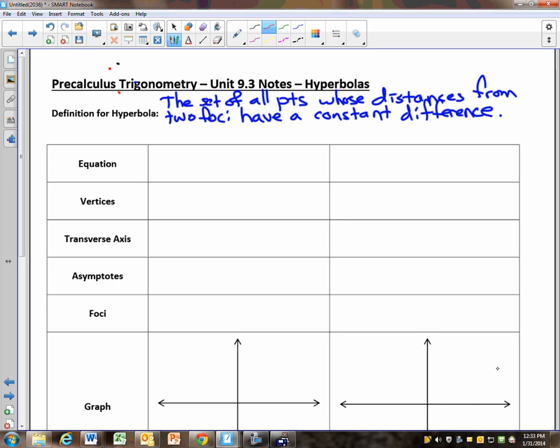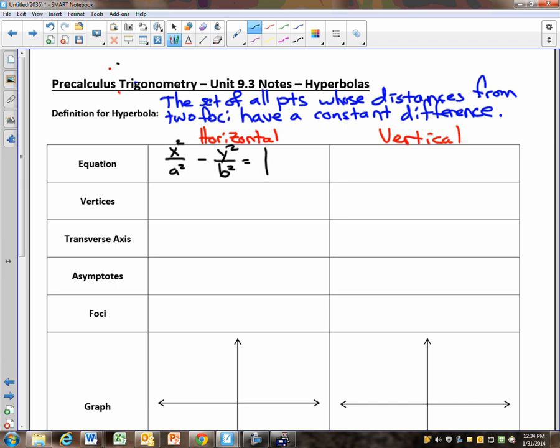So that's going to generate the two types of equations that we have: our horizontal and our vertical. For horizontal, you would have x squared over a squared minus y squared over b squared is equal to 1.